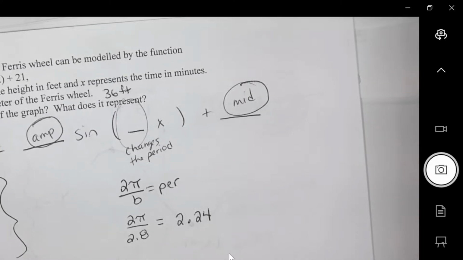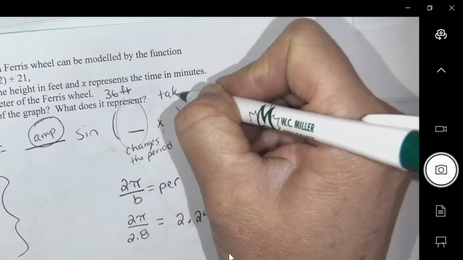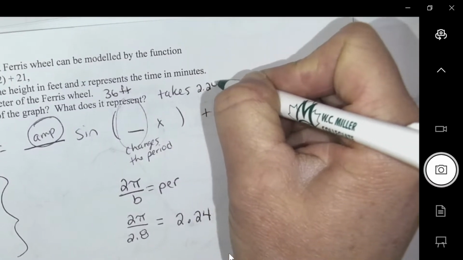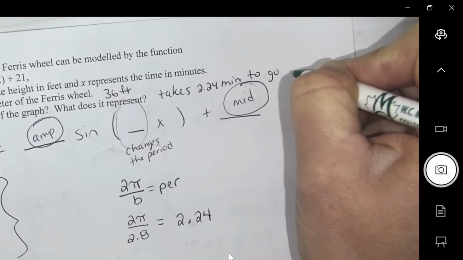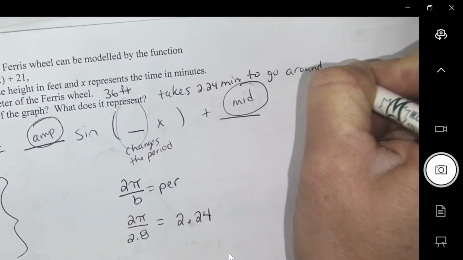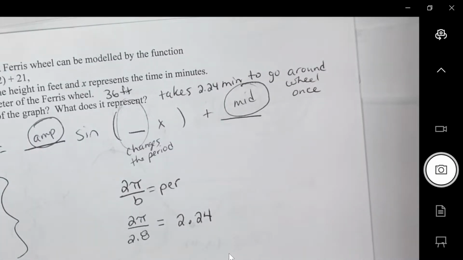Okay, so what does it even represent? What is 2.24? What is it in this context? 2.24 is doing what in this situation? It takes 2.24 minutes to go around the wheel one complete time.